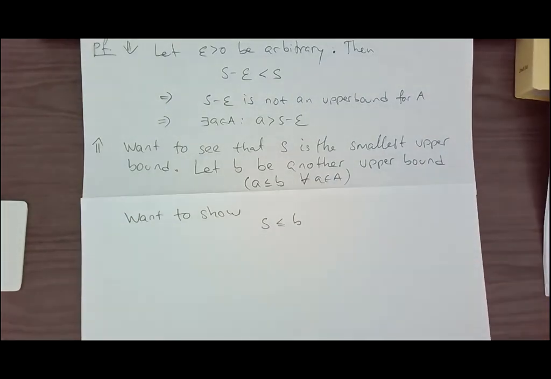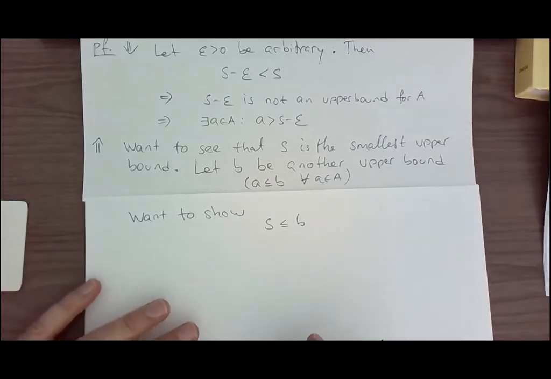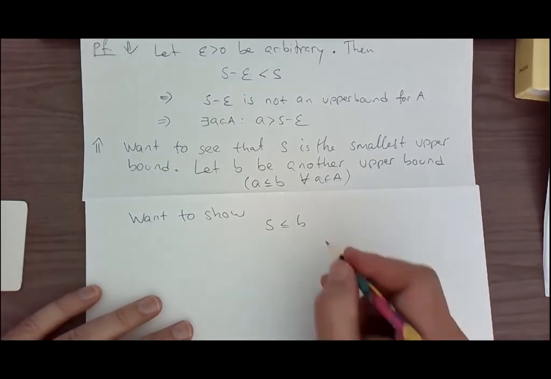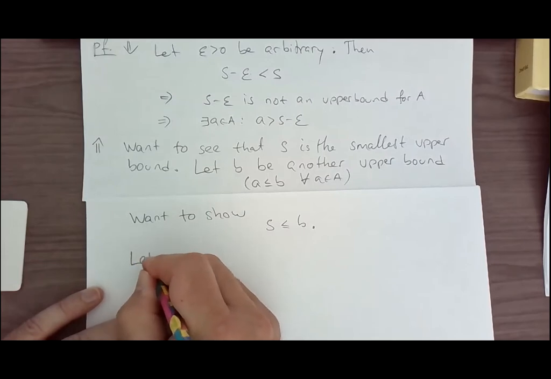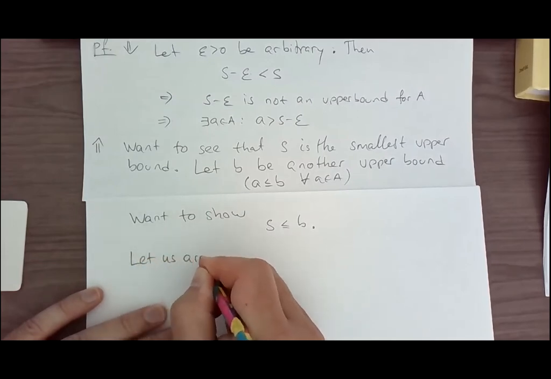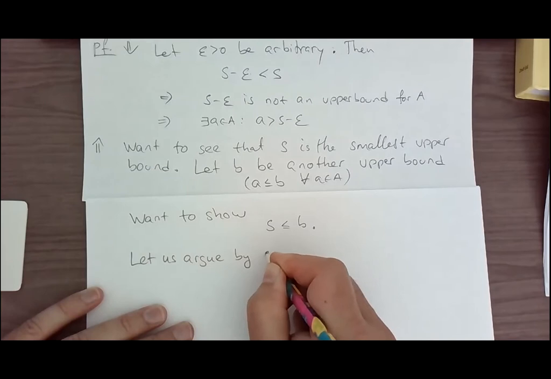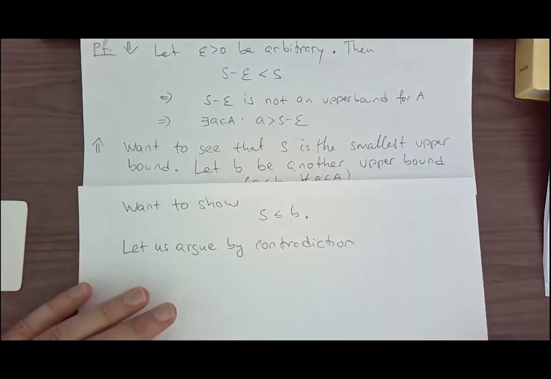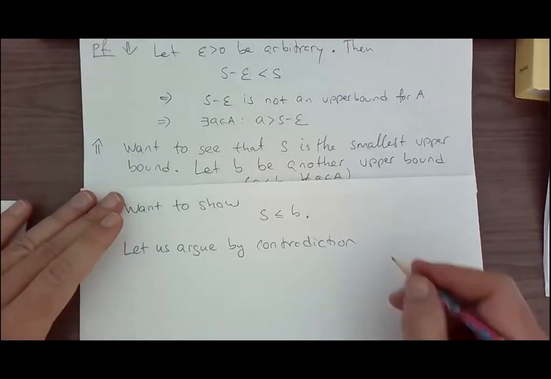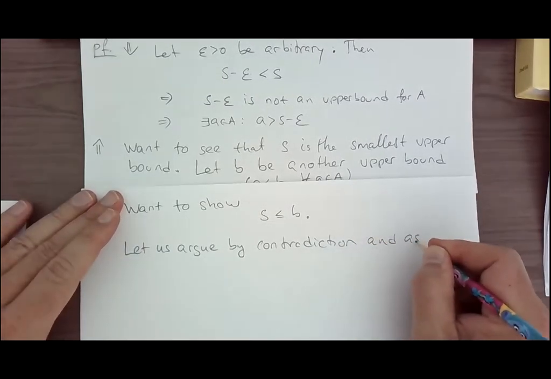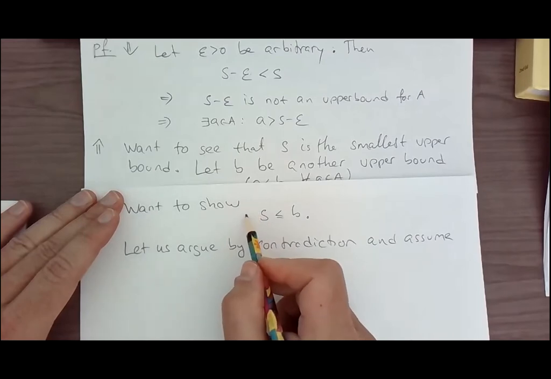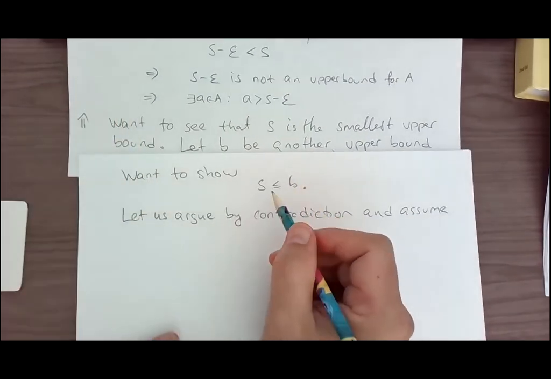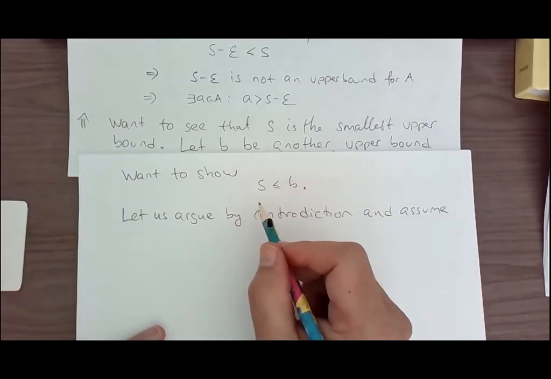The way we want to go about things is to argue by contradiction as before. So let's assume the opposite, the negation of what we're trying to prove.